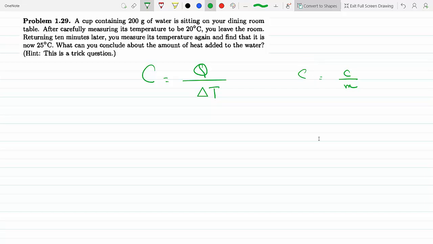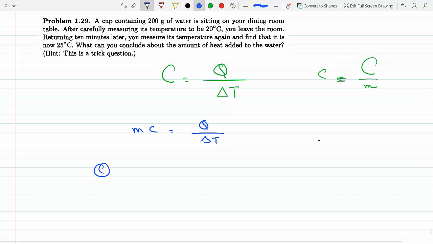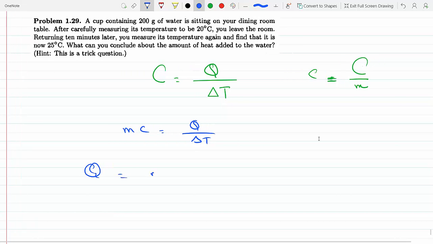Small c equals big C over M. And so that means MC. If I plug this in, I get MC equals Q over delta T, which means Q equals MC delta T. That's where it came from.